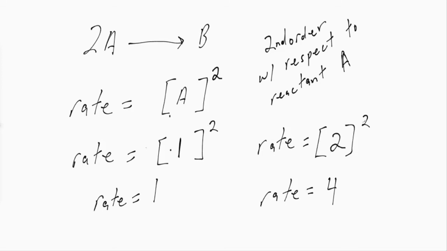Remember, concentration is in these brackets, and I've just set up 2 trials, so to speak, where I do an experiment with this concentration of 1 and I get a rate. I do an experiment with this concentration and I get a rate. So let's summarize the 3 different scenarios that you would see. If a reactant is 0 order, it has no effect on rate.